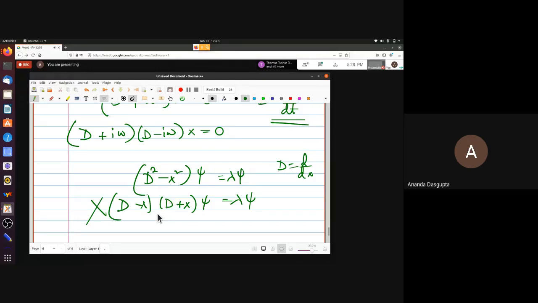Is that okay? The simple rule (a plus b)(a minus b) equals a square minus b square doesn't work in general for operators, because what it really gives you is a square plus ba minus ab minus b square. And these two terms don't cancel unless a and b commute. D and x, derivative and x, of course, don't commute. You know that.